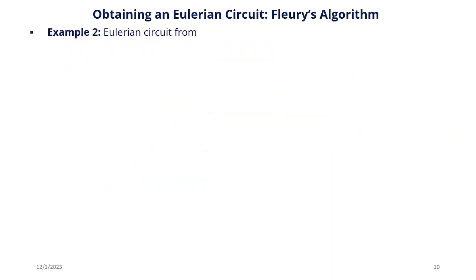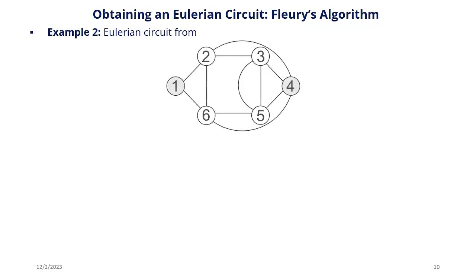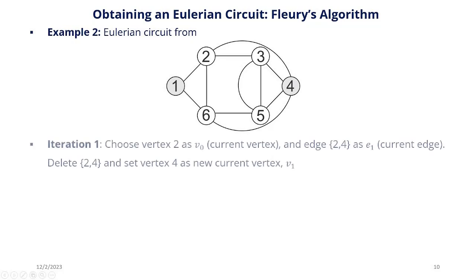Example 2. We are now going to obtain an Eulerian circuit from the graph we are seeing here. We'll do it by hand by using Fleury's algorithm. So, first step, iteration 1, we are going to choose a vertex V2 as V0. It doesn't necessarily have to mean that you must start from the first vertex.